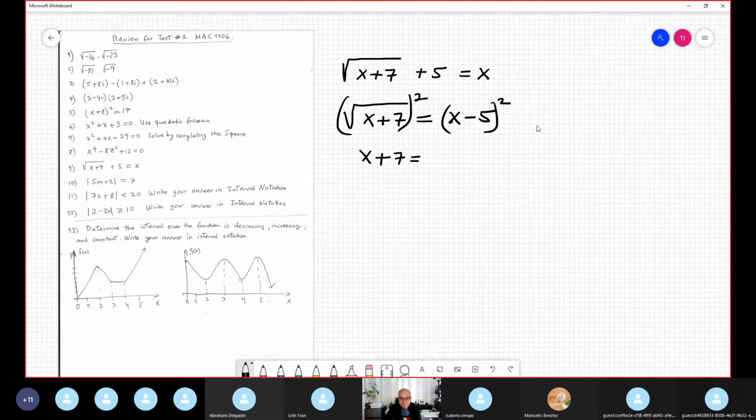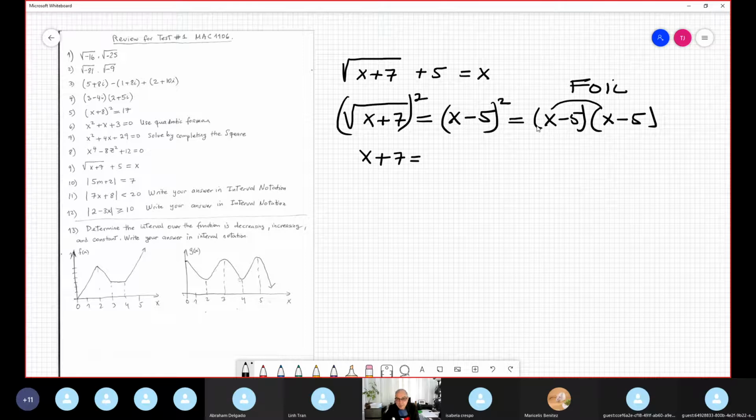Something like that. In the right hand side, we have x minus 5 times x minus 5. You FOIL it: x squared minus 5x minus 5x again plus 25.